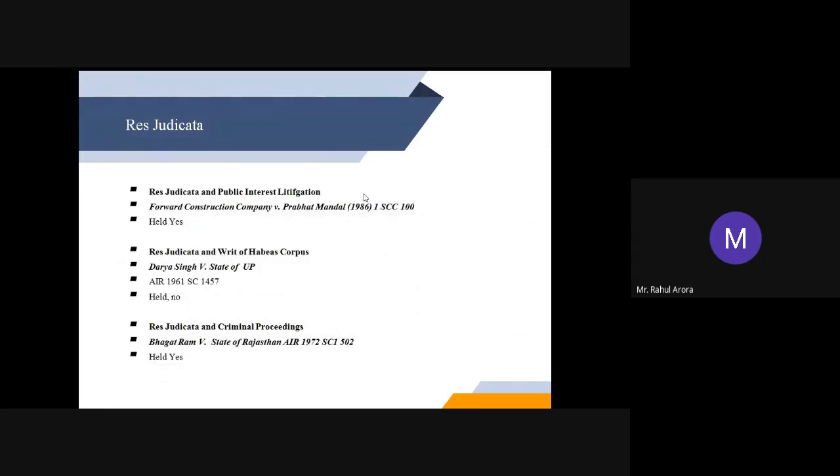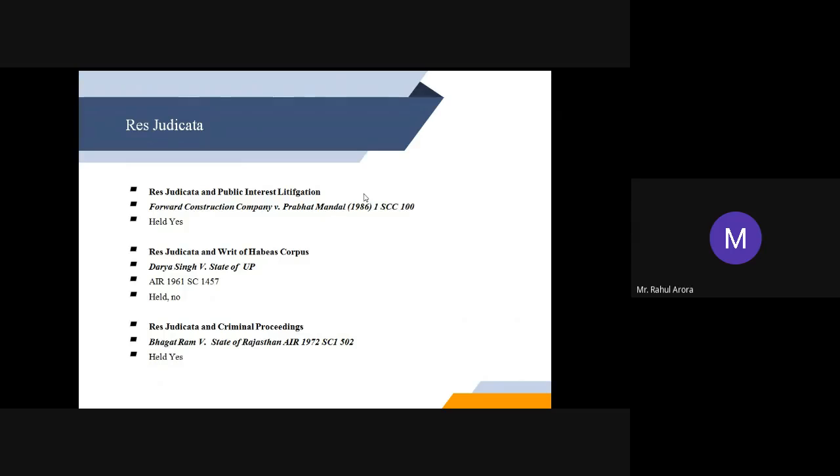Now we would like to look at certain case laws and also at the relationship between res judicata and PIL, between res judicata and writ of habeas corpus, and between res judicata and criminal proceedings. As far as civil proceedings are concerned, you are aware that under section 11 res judicata is applicable.